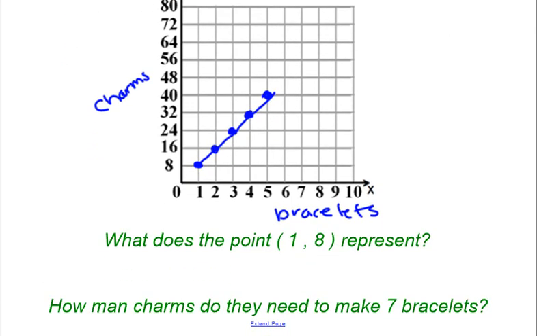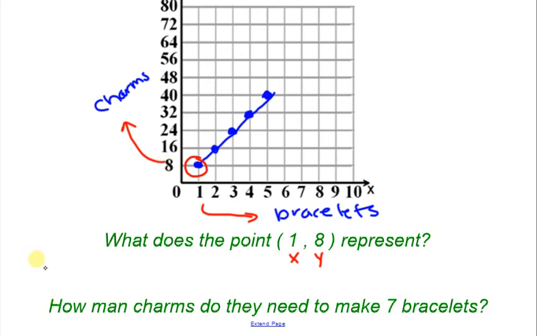Now, we have 2 questions for the information in our graph. What does the point 1, 8 represent? Well, 1 is our x, 8 is our y. So let's find it. 1, 8. Circle it on the graph. That means for every 1 bracelet, there are 8 charms.